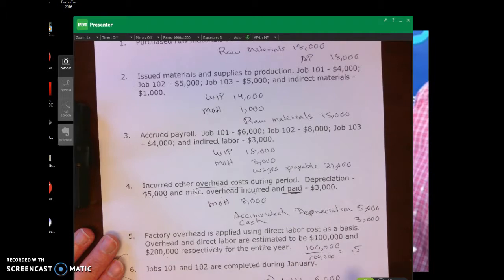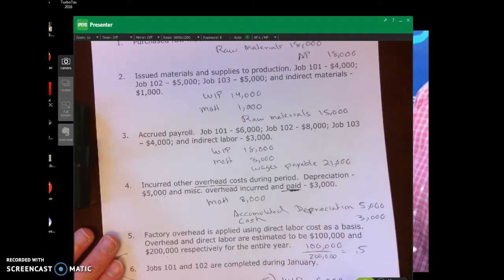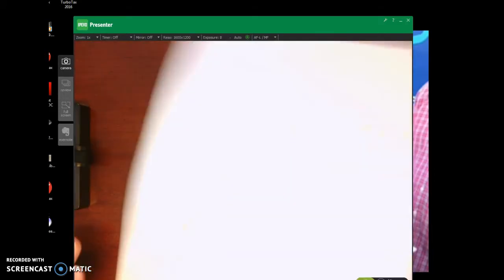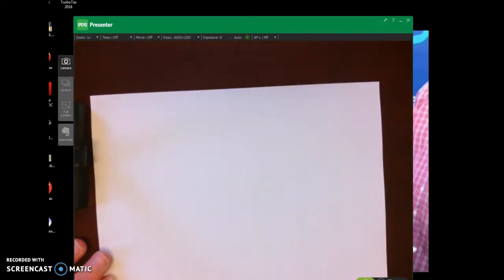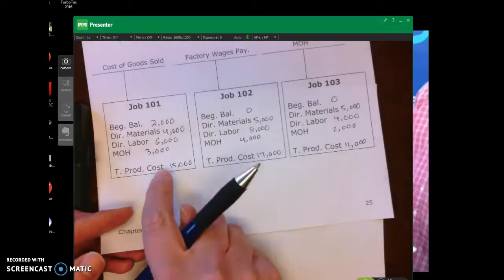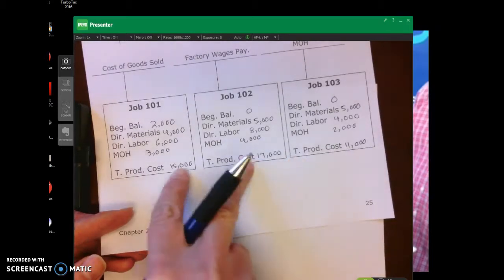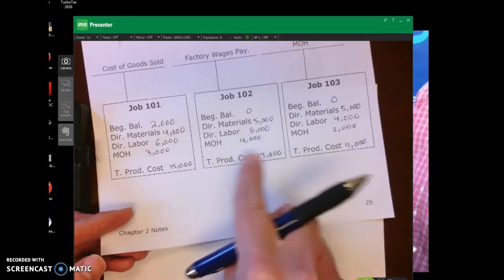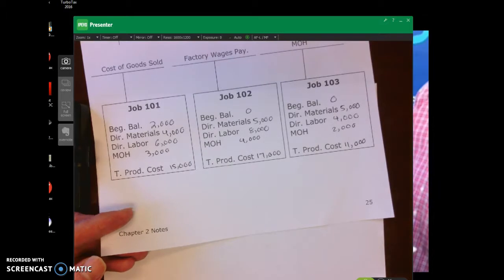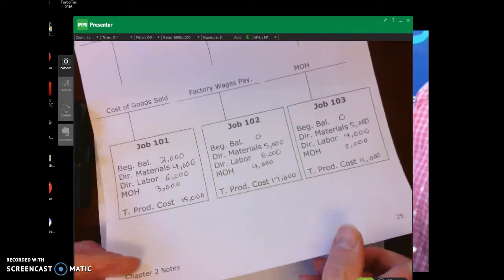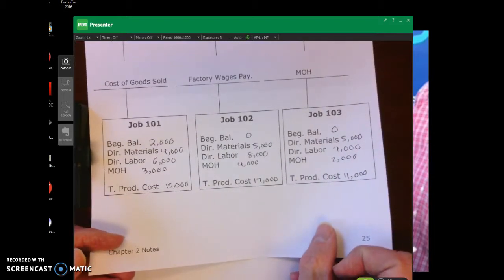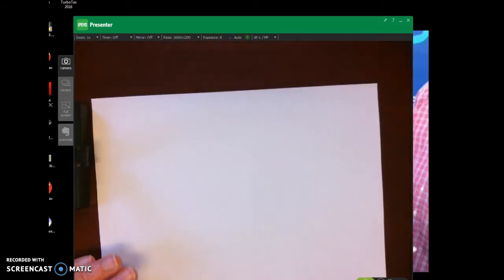Jobs 101 and 102 are completed during January. So I'm going to flip the page over and do this. We completed 15 plus the 17,000, $32,000 worth of jobs. Recall that when a job is completed, we move it from work in process to finished goods. Those are both asset accounts.